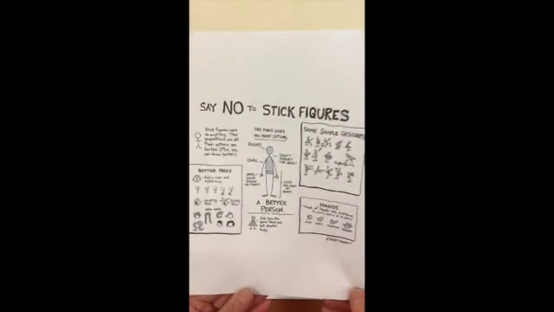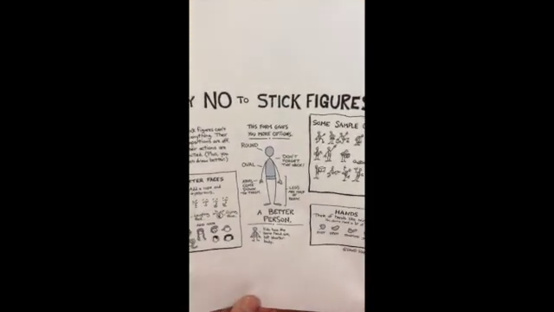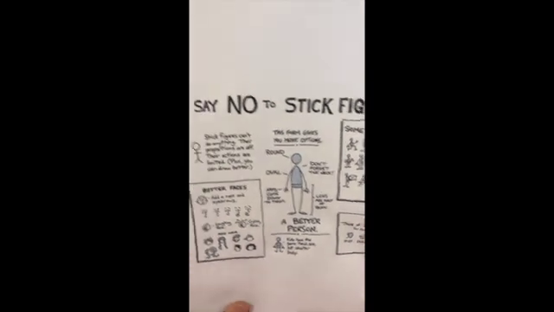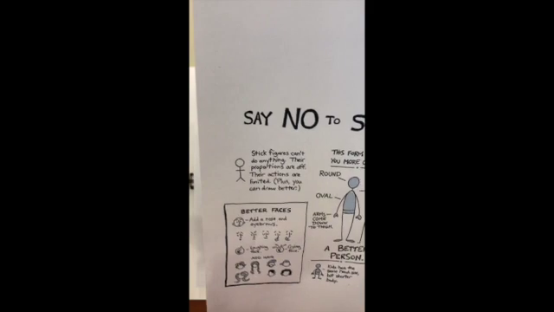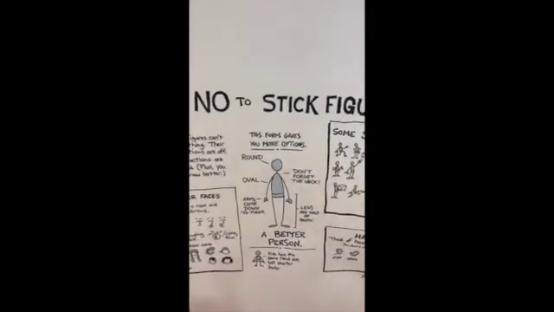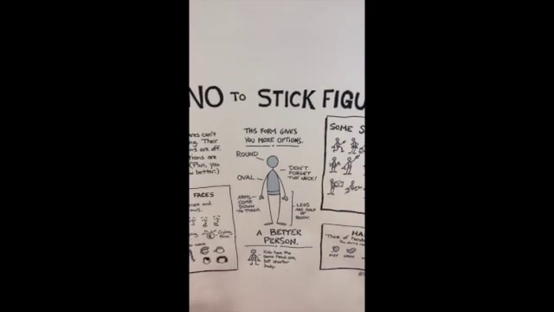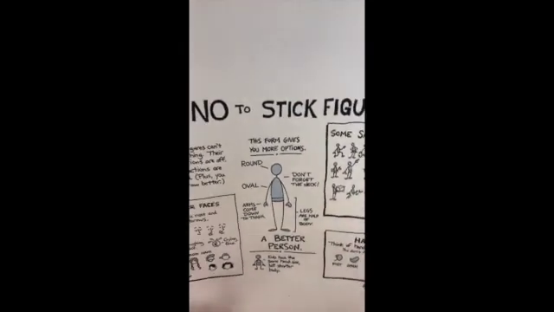And I also have a sheet for you with sample gestures, how to draw a figure, because we are not drawing stick figures anymore. So please don't turn in stick figures. Give it a try. Give it your best shot to do a non-stick figure.